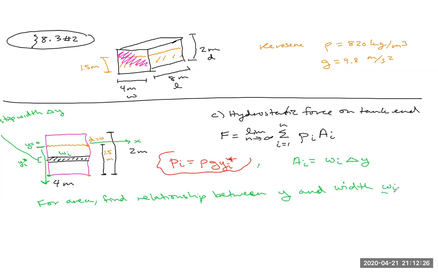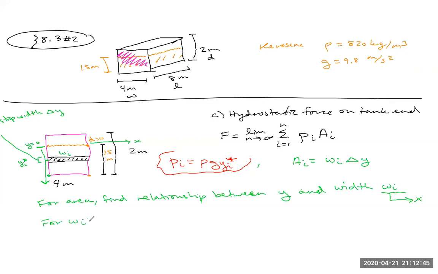And I want you to remember that w_i, your width, is actually going to be in x terms, essentially, right? On horizontal. So I'm actually going to make a relationship between y and x and then change x into w a little bit later. It's just easier for me to see it that way.